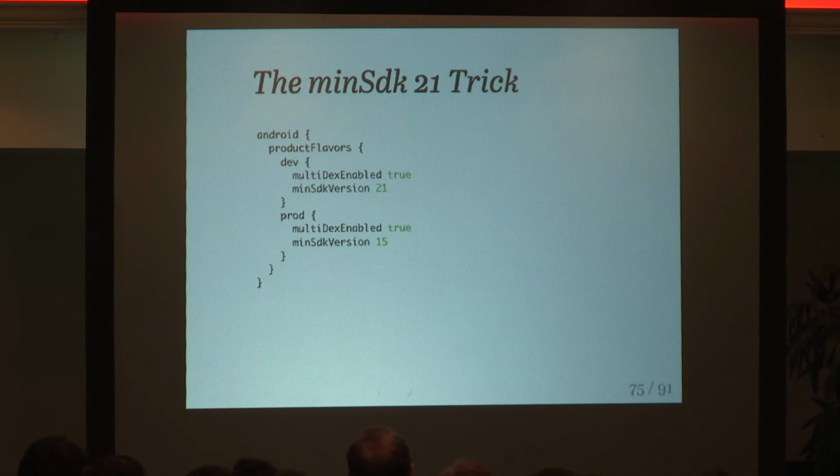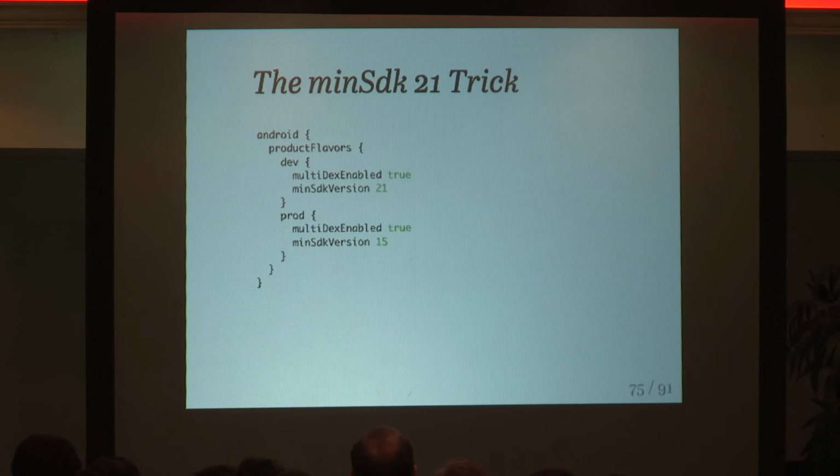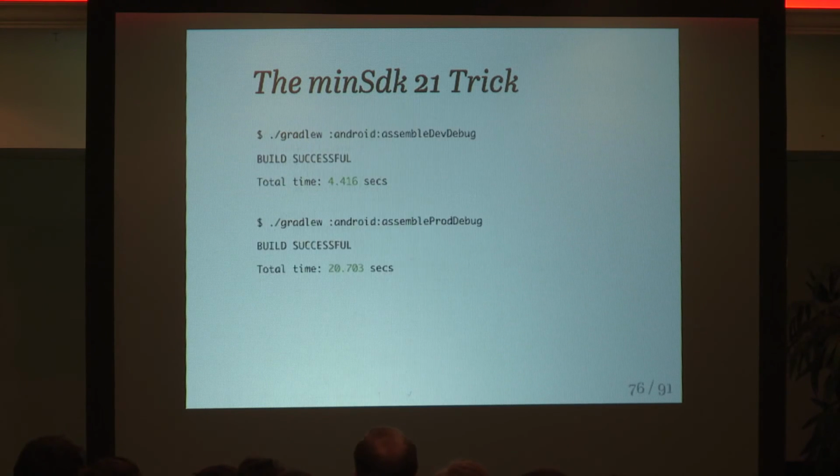But if you do need to multi-dex, if your application actually has hit the 65K method limit, then you definitely need this trick. The thing here is, for assemble prod debug, minSdk 15 and multi-dex enabled true, the build times are absolutely horrible. To multi-dex properly on lower API versions, you need the multi-dex support library, right?